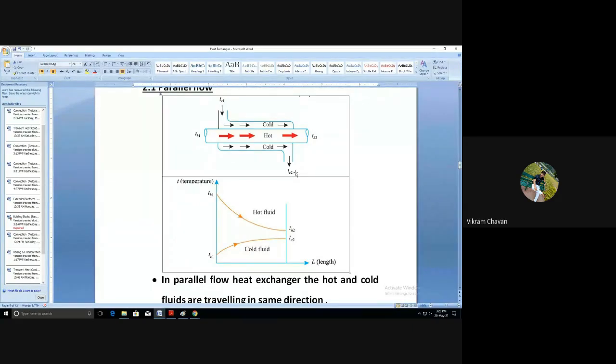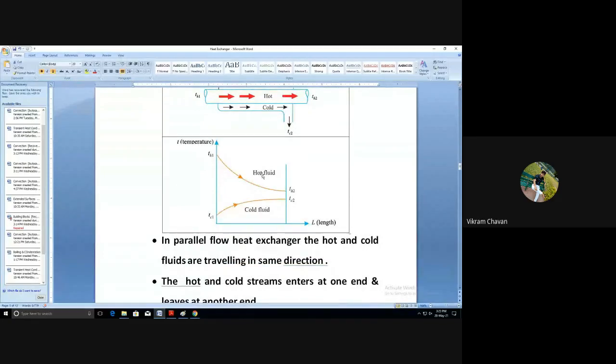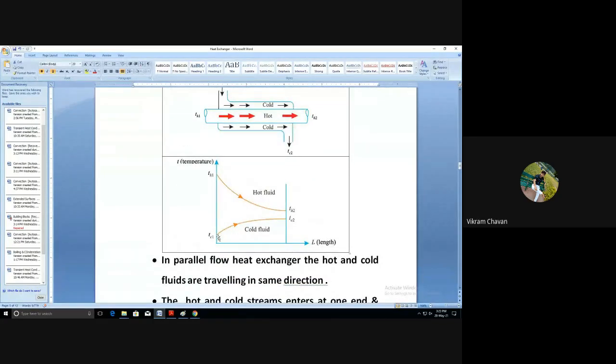Now we have to represent this on a graph, plotting the length of the heat exchanger versus the temperature, to determine the variation of temperature with respect to length.